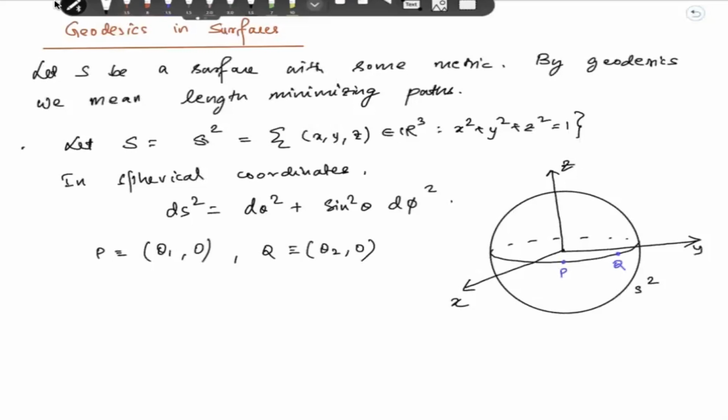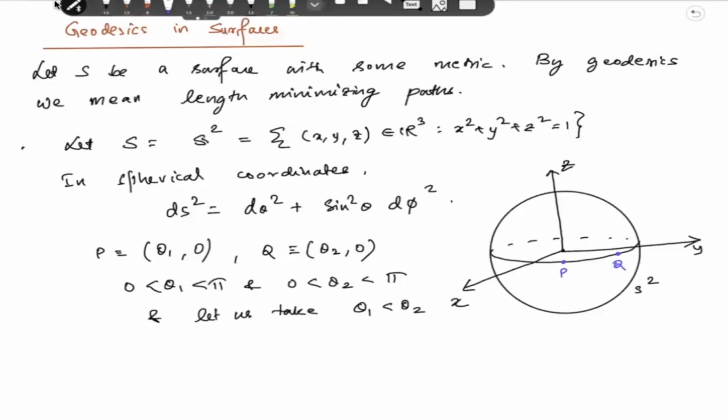They lie in the interval 0 to pi, so 0 is less than theta 1 is less than pi, and 0 is less than theta 2 is less than pi. Also let us take theta 1 to be less than theta 2.